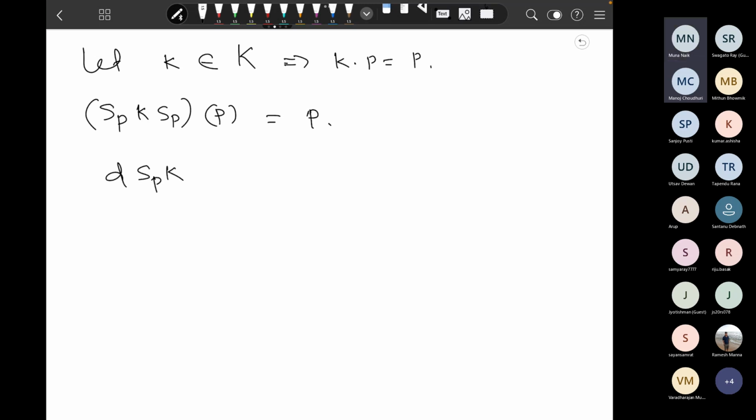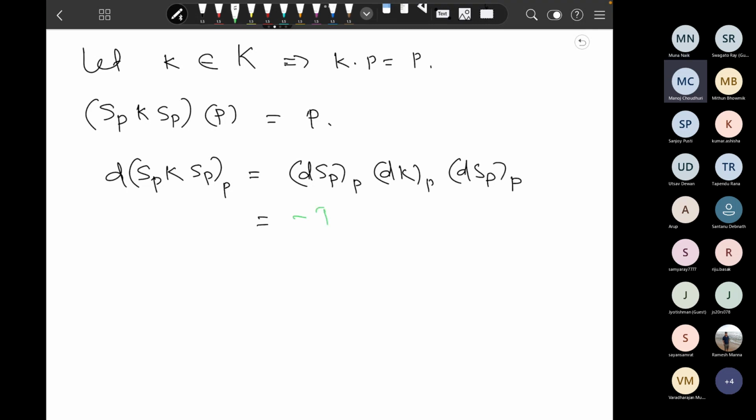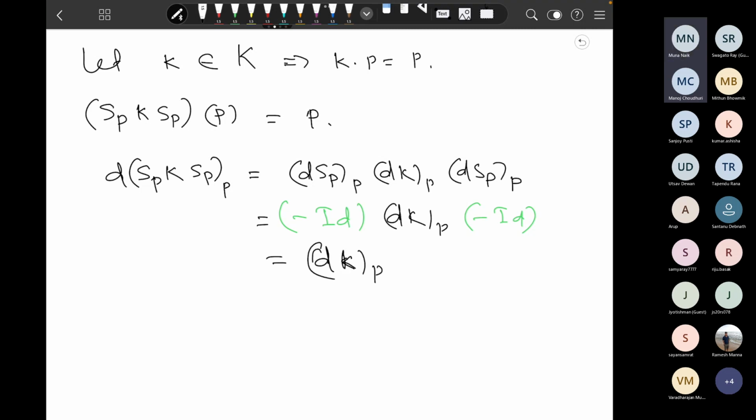So take g S_P and k S_P. If you take this thing, this is really dS_P at p, dk at p, and this dS_P at p is minus identity, right? And this is really dk at p, and this is minus identity. Okay, so this is really dk at p. So both k and S_P k are two isometries.